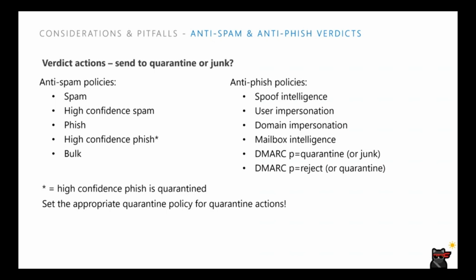By default, as long as you have DMARC enabled, with p equals quarantine, messages will be quarantined, but you can send them to junk if you prefer. Similarly with p equals reject, the default will be to reject them, but you can change it to have them delivered to the quarantine if you desire.